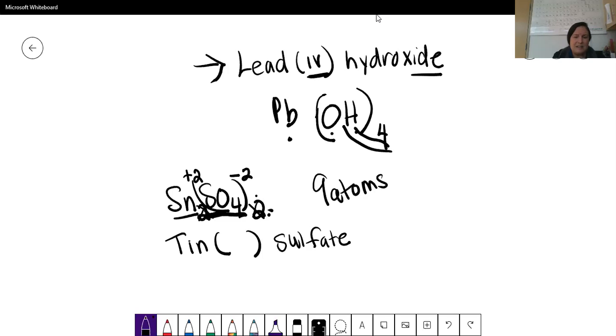So if this was a -2, this must have been a +2 because they crossed, dropped, and reduced. So this one, SnSO4, is tin 2 sulfate, okay? So it gets a little tricky. Let's do one that's a little bit easier.